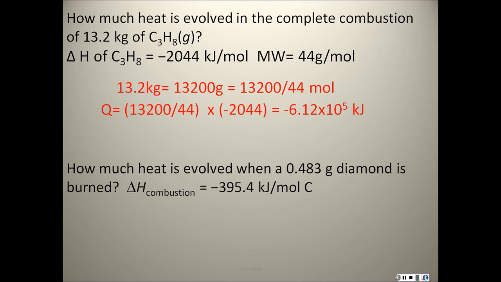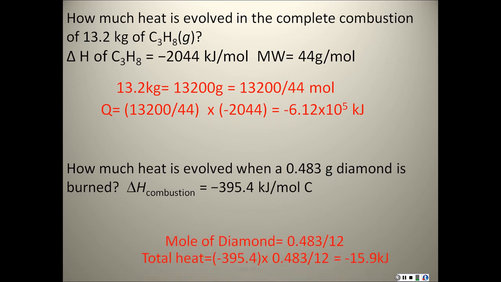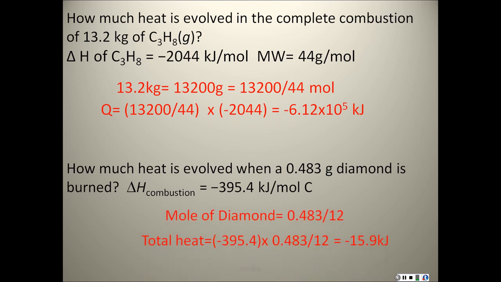So pause it, take a second, see if you can work this one out. Yes, we will do more of these problems in class. So the mole of one diamond, they told you the grams. Here's the grams. Divided by 12.